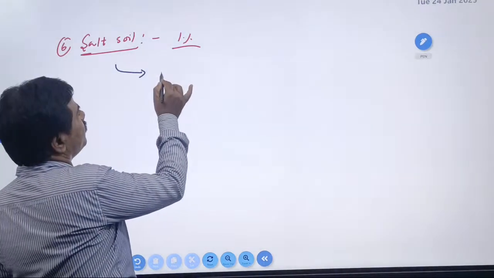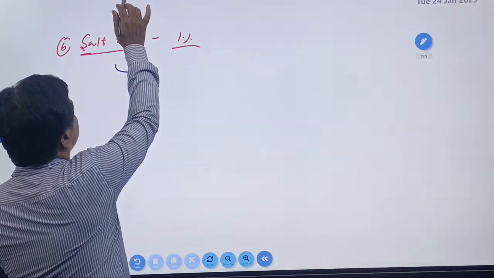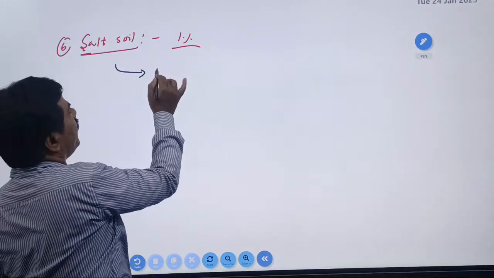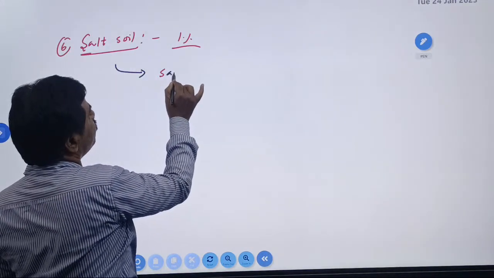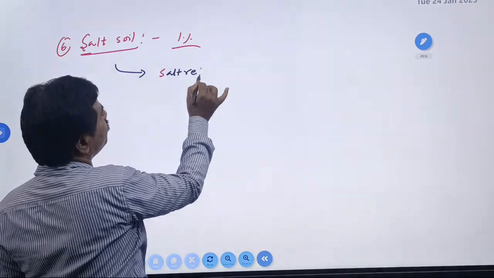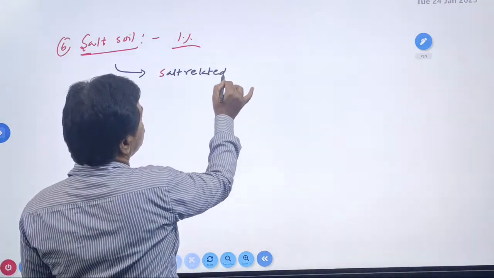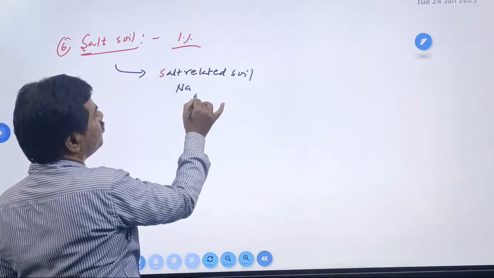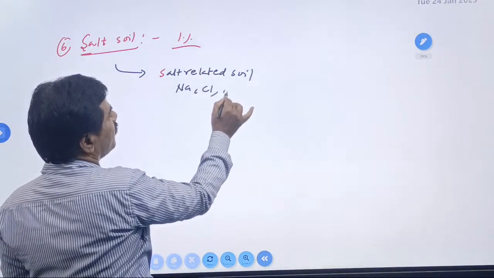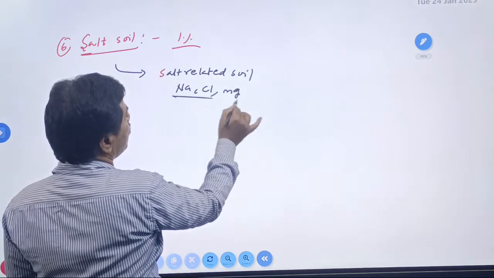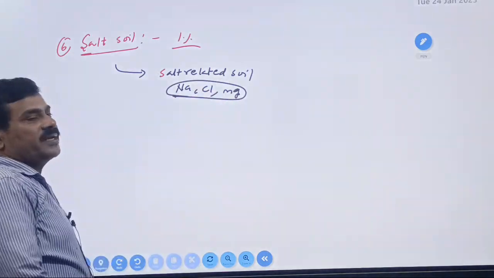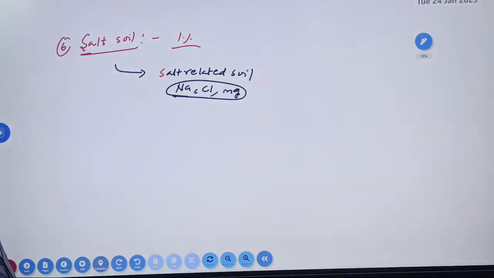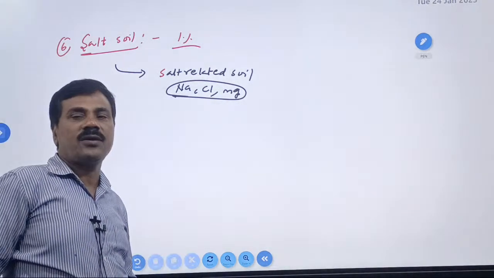It is salt-related soil, with minerals like sodium, chlorine, magnesium in higher percentage, which generate the salt content.